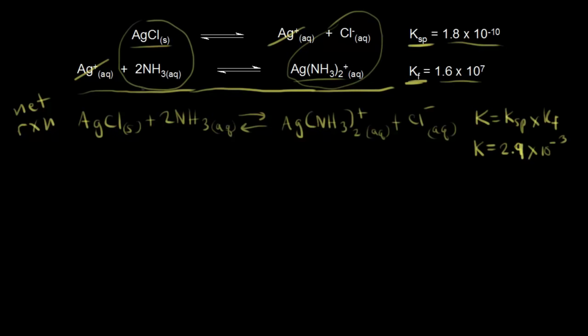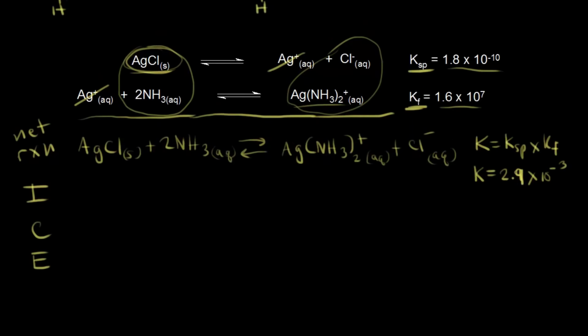All right, our goal is to find the molar solubility of silver chloride in our ammonia. So we set up our ice table: our initial concentrations, our change, and then our equilibrium concentrations. Let's pretend we're starting out with our solution of ammonia and we haven't added any silver chloride yet.